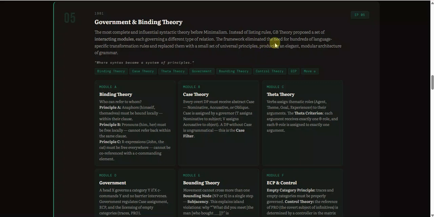The framework eliminated the need for 400 language-specific transformation rules and replaced them with a small set of universal principles, producing an elegant, modular architecture of grammar. That is where syntax became a system of principles. This introduced binding theory, case theory, theta theory, government, bounding theory, control theory, ECP, and Move Alpha.